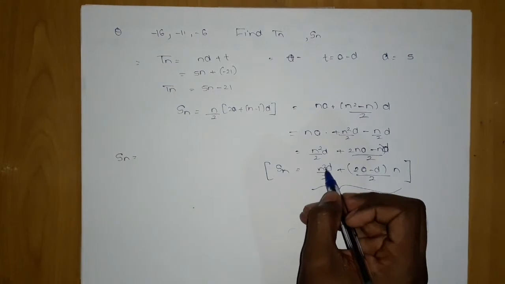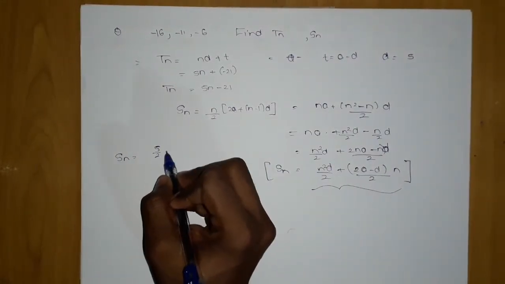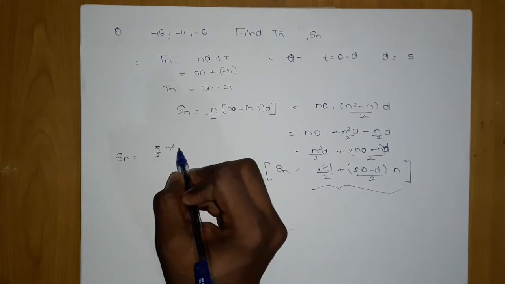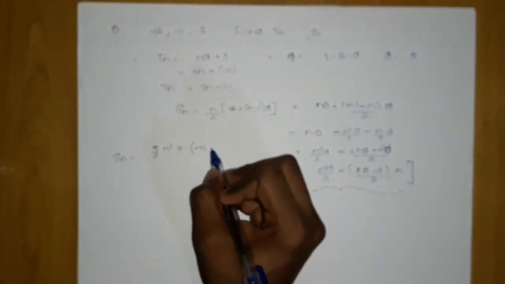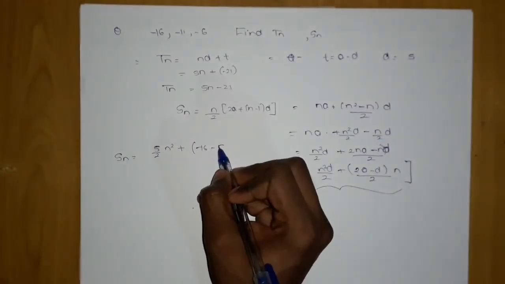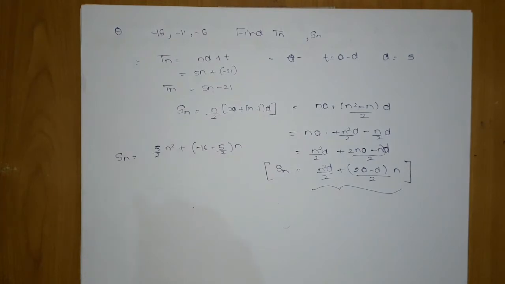So d is 5 by 2 into n square, plus now what is my first term? 16. And since d by 2 has a plus sign, we put a negative sign: minus 5 by 2 into n. This is all you have to do, and you will get Sn automatically using this.